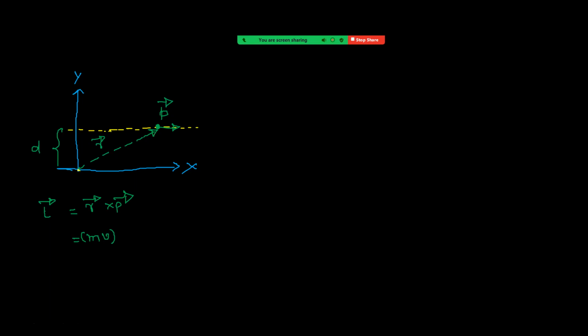So imagine a line passing through the point parallel to p bar. This is the direction of p bar, okay, maybe right side p bar or maybe left side. Then the separation between these two lines is d. So m into v into d is the magnitude, into n cap. Okay.